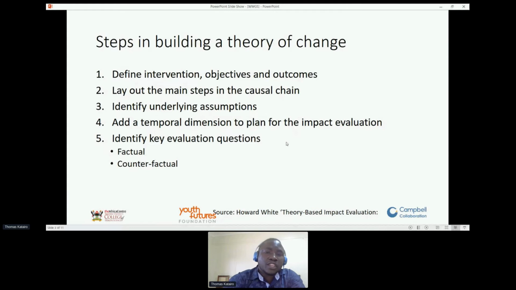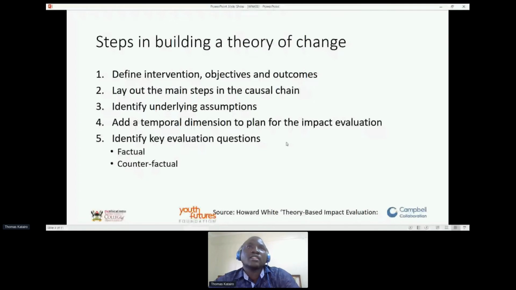You need to evaluate the key questions, and to do this you collect factual and counterfactual data to try to answer these evaluation questions. The factual can be, for example, whether the people who need the intervention are getting it, versus the counterfactual, whether the intervention works. Sometimes you may never get results because the intervention is not reaching the right people.